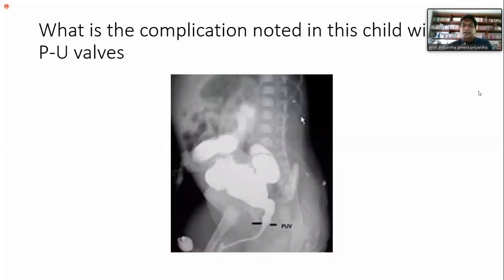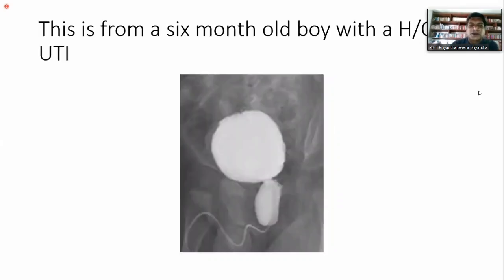The bladder muscles are in trabecular layers, so the ultrasound appearance will be a trabecular bladder, right? And this appearance is called what? The typical keyhole appearance, right?